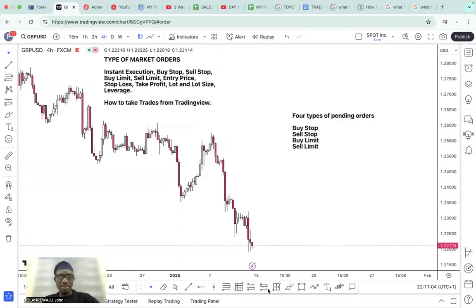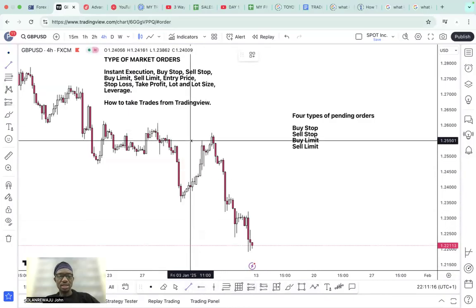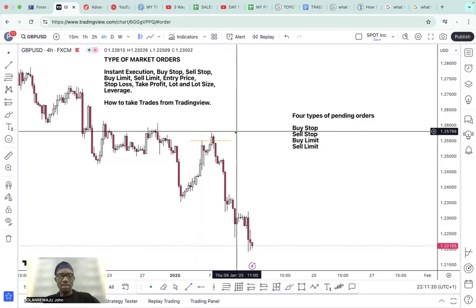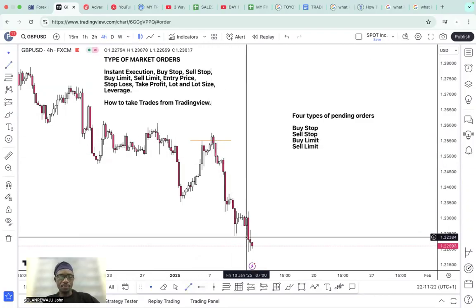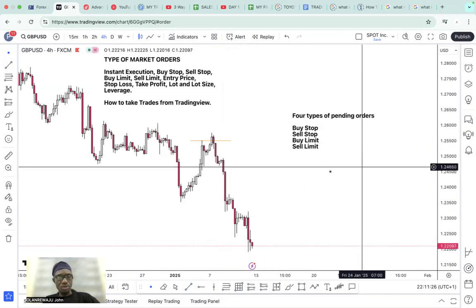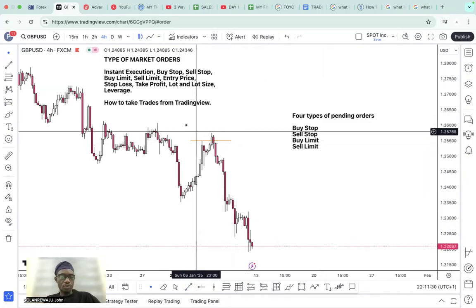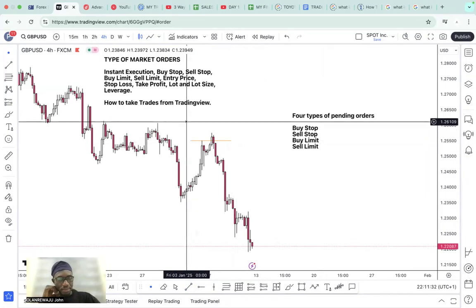So I can set a pending order with my broker on MT4 or MT5, that as soon as GBP USD gets to this certain price level, it should fill me in for a sell. So that's a kind of pending order, unlike the one we just did, which is instant execution, which is you sell immediately or buy immediately.